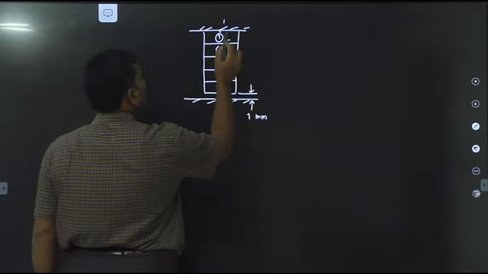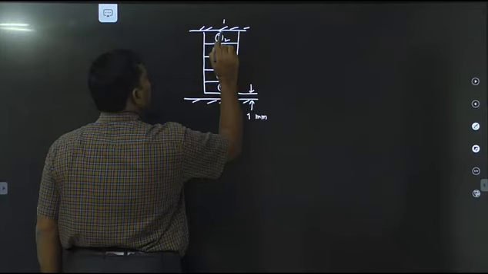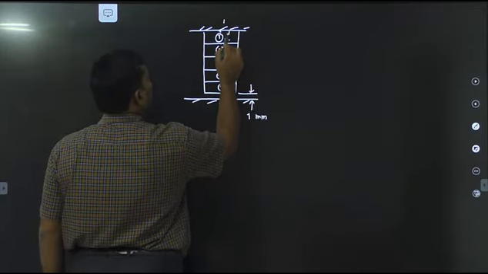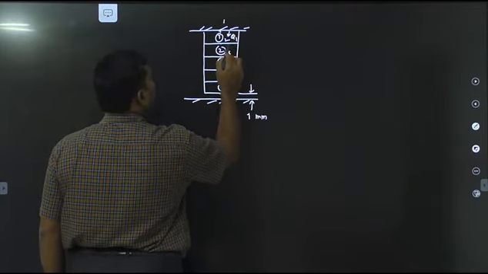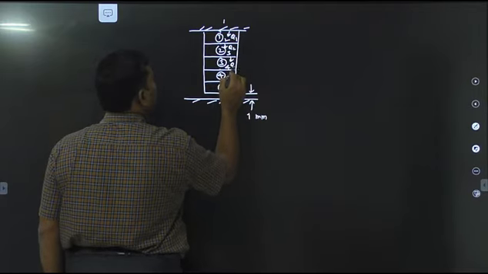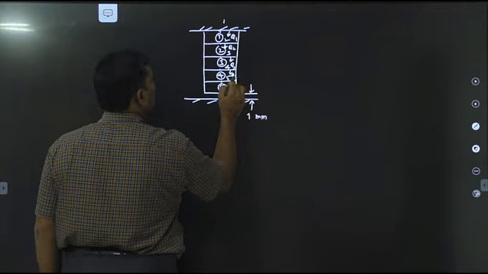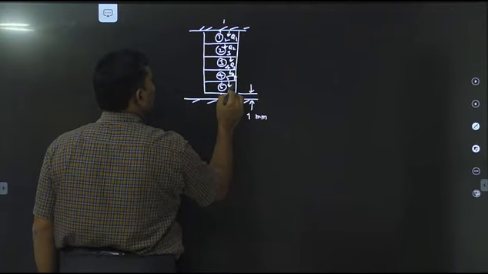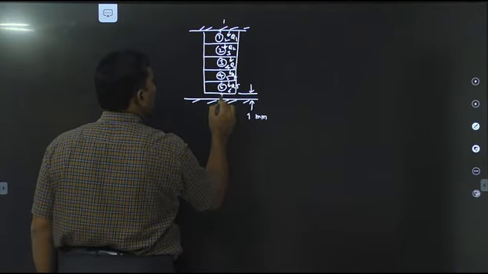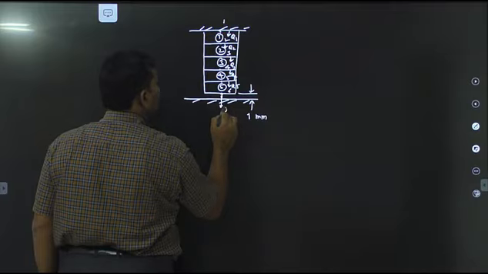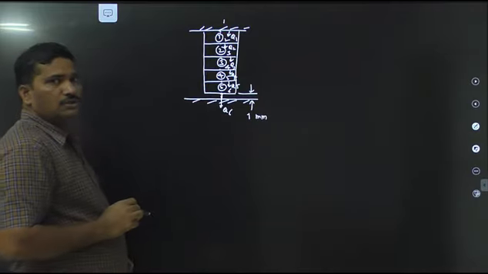Right? Now, if you represent here the degrees of freedom of all nodes, this is capital Q1, this is capital Q2, capital Q3, capital Q4, and here we get capital Q5, and here this is capital Q6. Right?